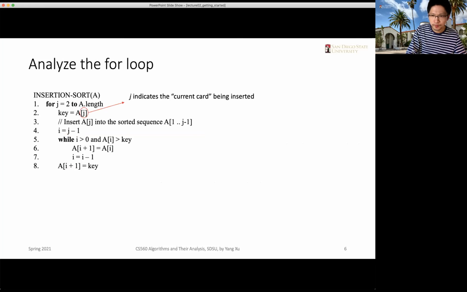All right. So if we connect to the analogy of the playing cards example, right? Within any iteration of the for loop, we have A[j] chosen as the current card to be inserted. So you can think of the role of A[j] as the card to be inserted.